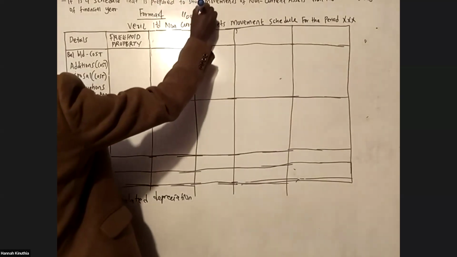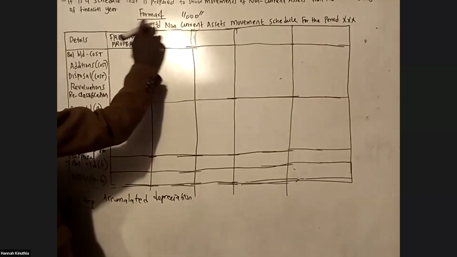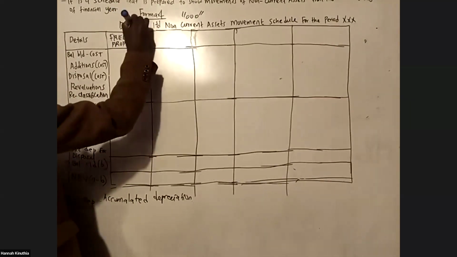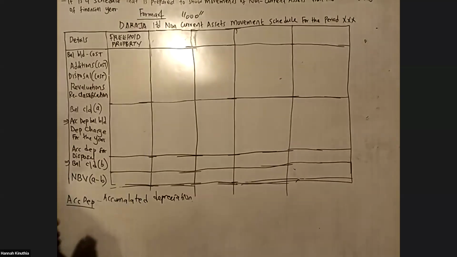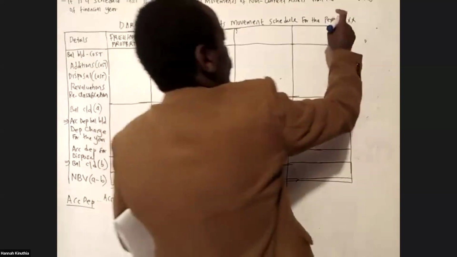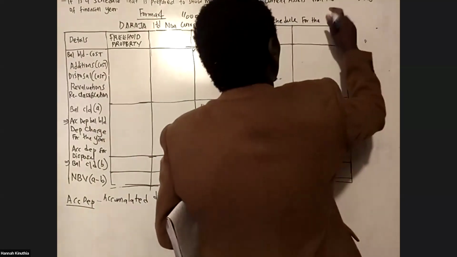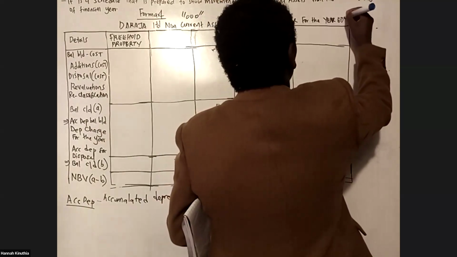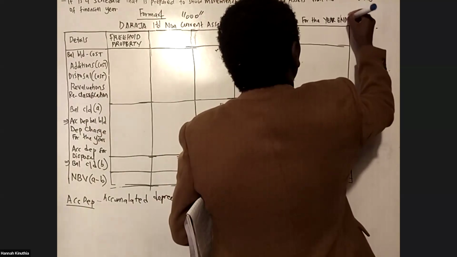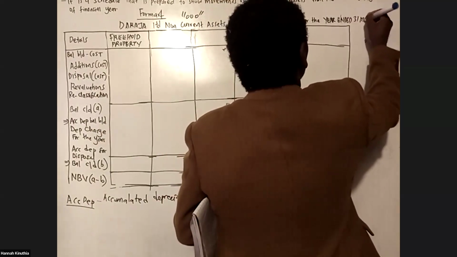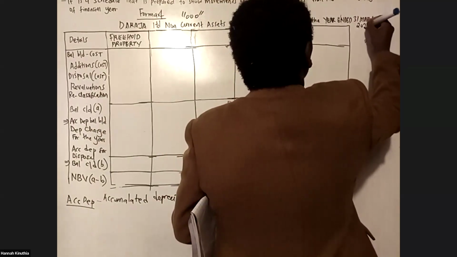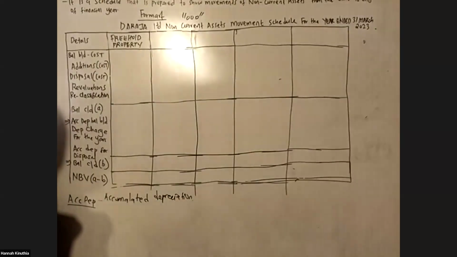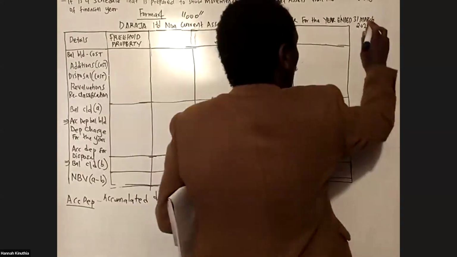So we change hapa Daraja Ltd, and nikale schedule. For the year ended 31st March 2024, not 2023.